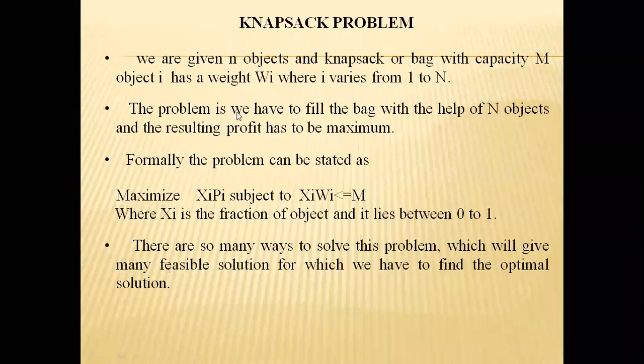So the problem is we have to fill a bag with n objects, and the resulting profit should be the maximum profit. Suppose you are placing one object in the knapsack, you get the profit p of i. That is, if the object i is placed in the knapsack, the profit is p of i.